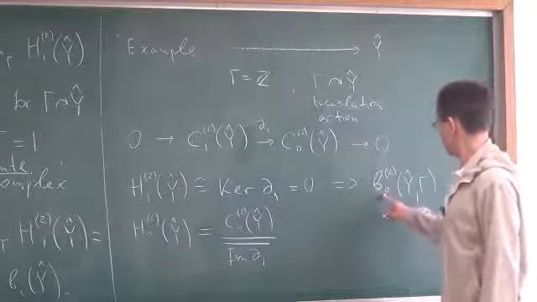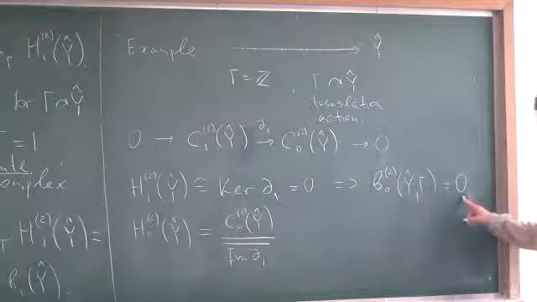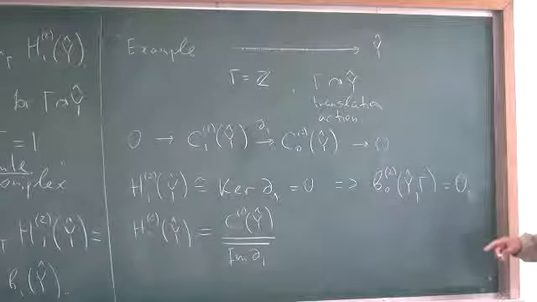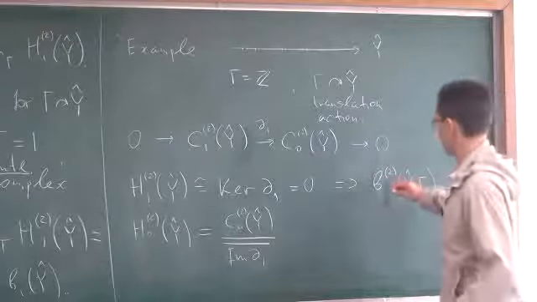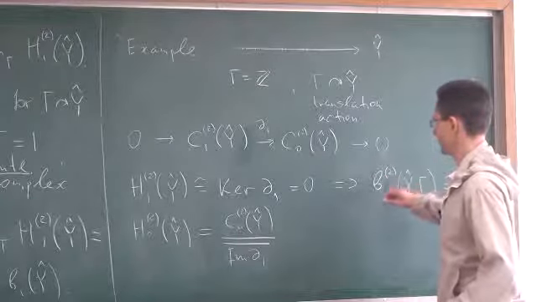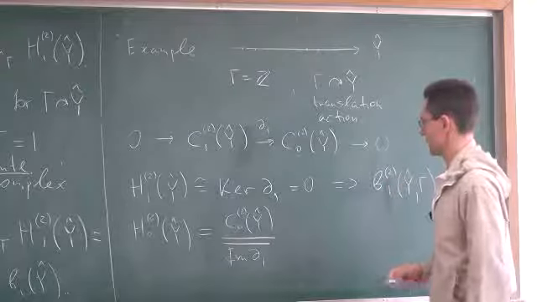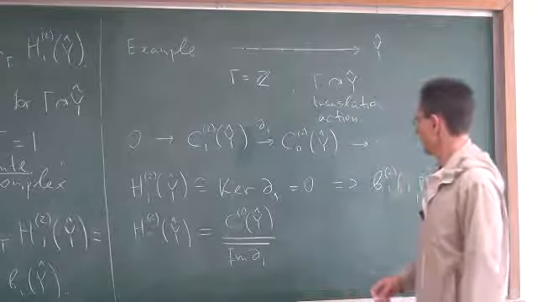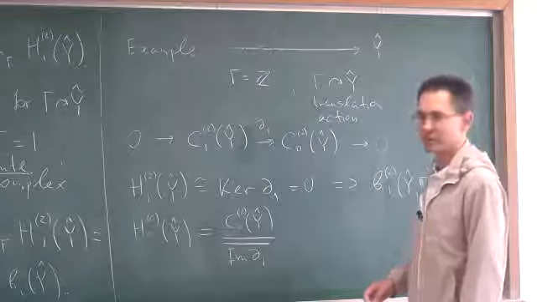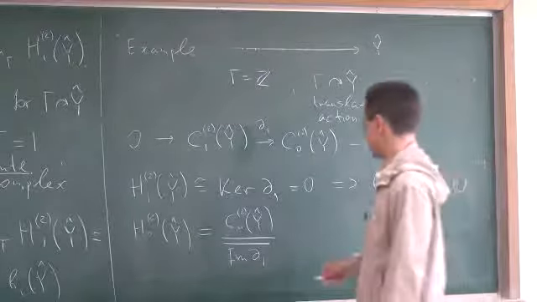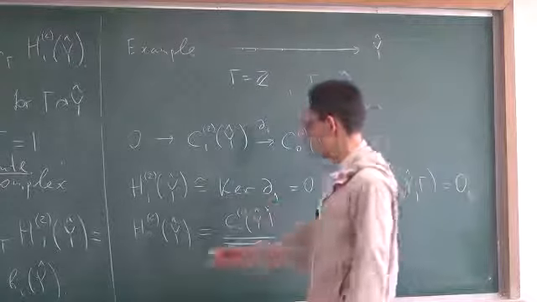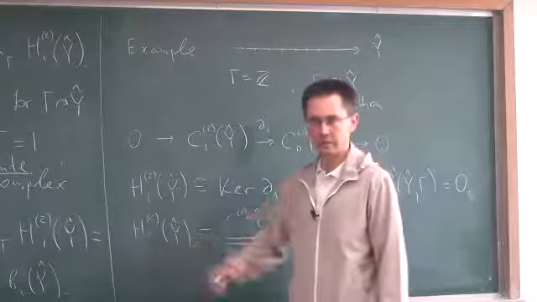Okay, so the 0th L2 Betti number is 0. Is it 0 or first? Oh, sorry, what am I saying? Sorry, the first one. But the 0th is also 0, so there is no mistake in this. I claim that the dimension of this space is 0 as well.